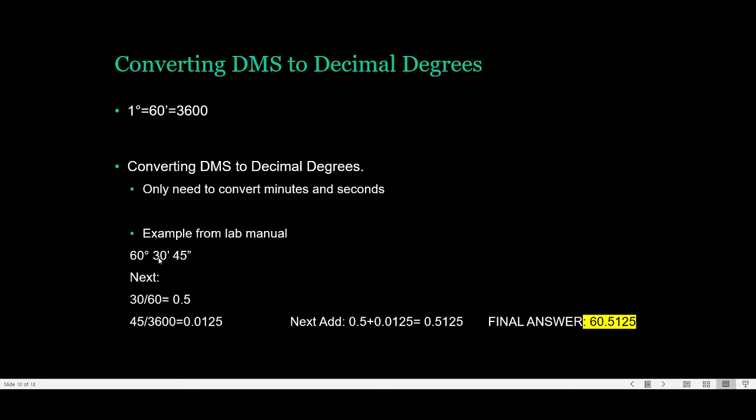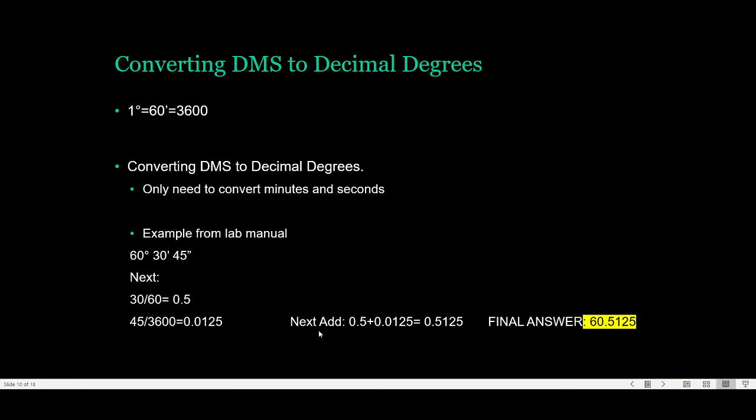For minutes, we divide by 60, so 30 divided by 60 equals 0.5. For the seconds, we divide by 3,600, so 45 divided by 3,600 equals 0.0125.